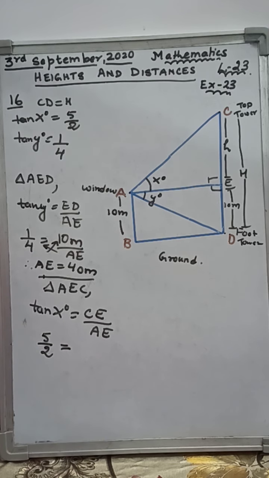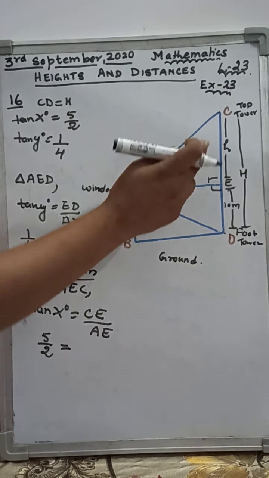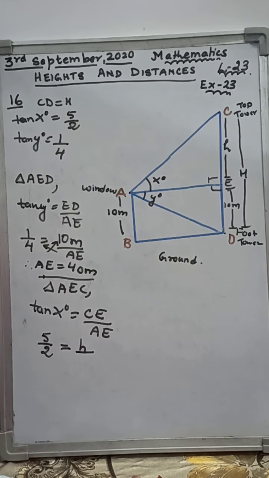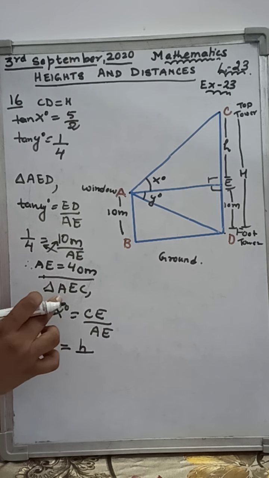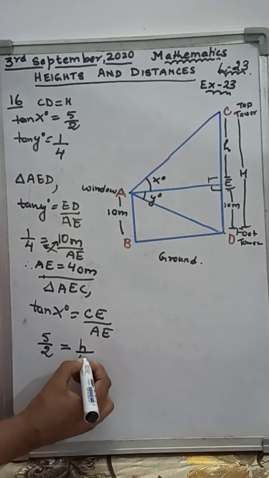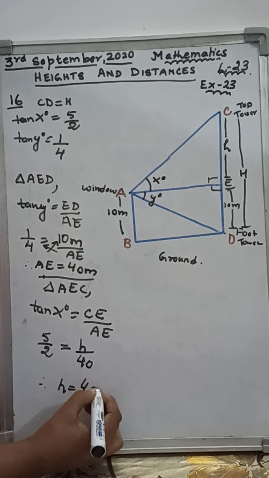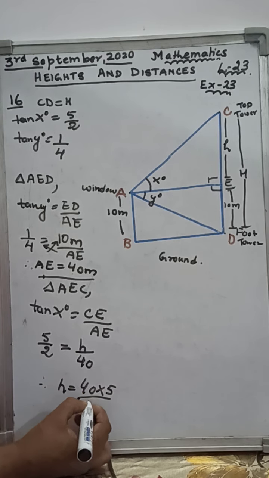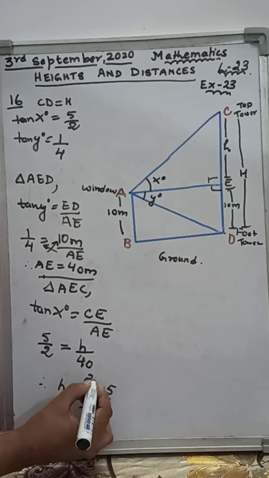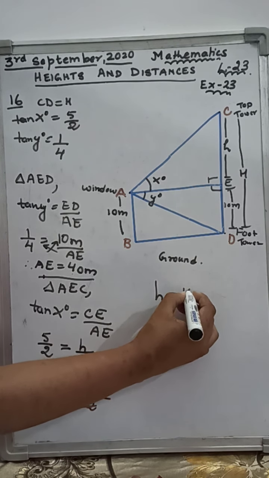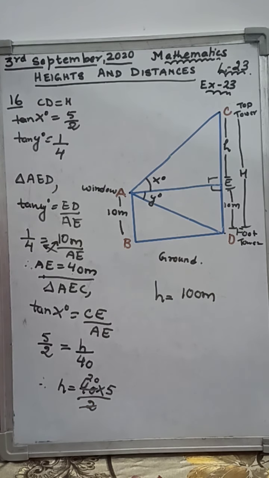We will substitute. CE we have taken as small h in the question. Now AE we have calculated just now, 40. Therefore h will be equal to 40 multiplied with 5 divided by 2. So small h will come out to be 100 meter.